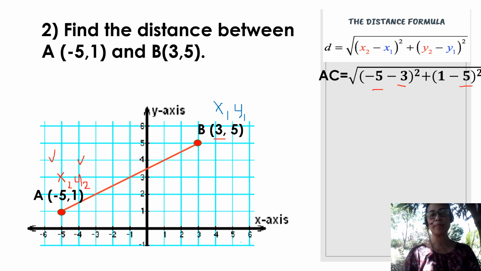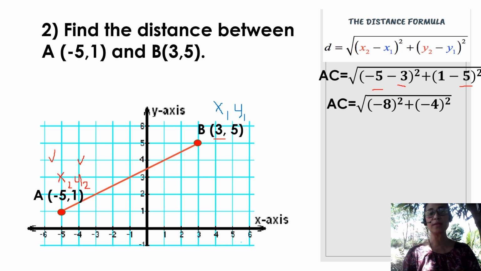Remember, you have to carry the sign of the coordinates. If it's negative, you have to write negative. Therefore, dealing with the values inside the parentheses, you get negative 8 squared plus negative 4 squared.